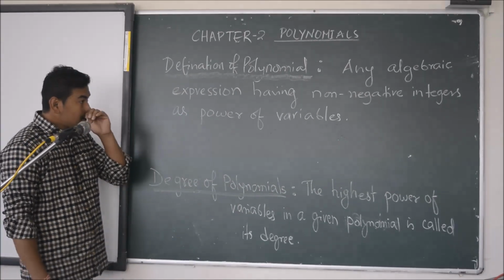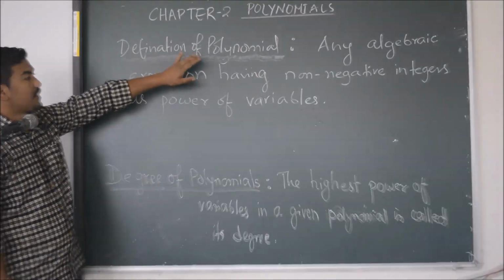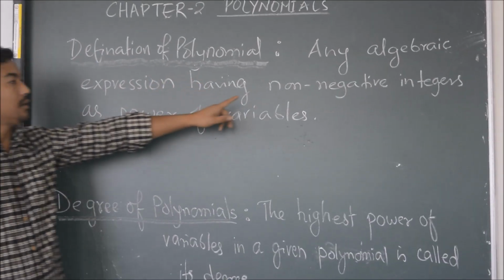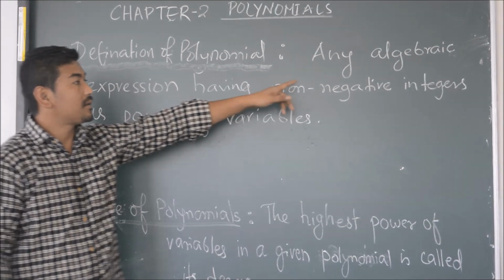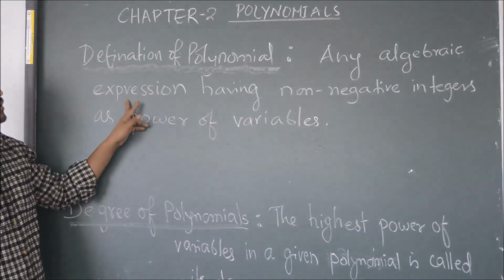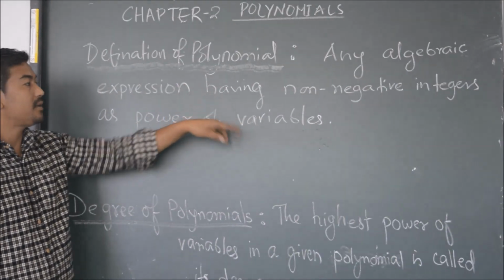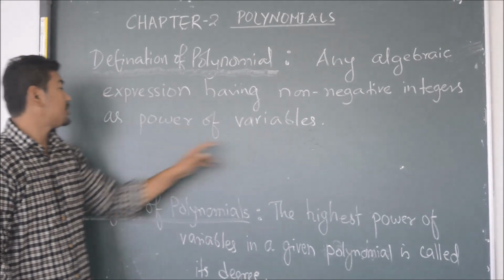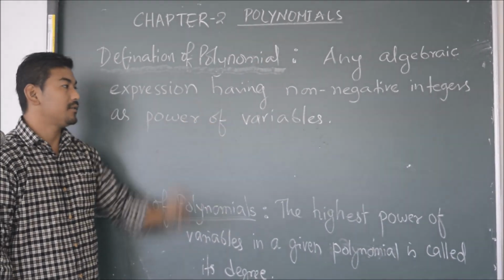So let me start from the definition of polynomials. So what do you understand by polynomials? It can be defined like this: any algebraic expression. So remember, any algebraic expression having non-negative integers as powers of variables.